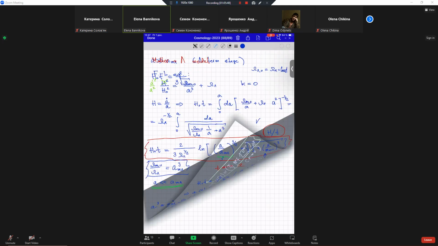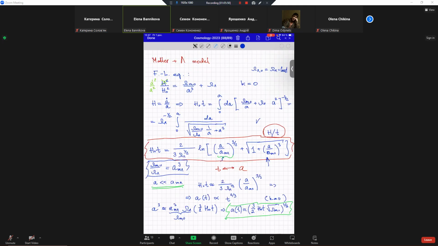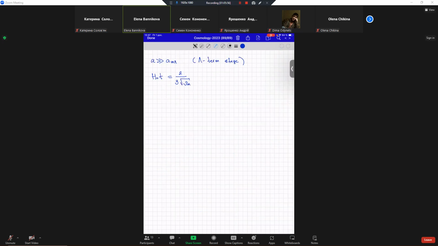And since this is big, we have finally, approximately, logarithm of 2a divided by a_mΛ. Just write it to understand what I'm doing. This 2 is not important, we can forget about this.